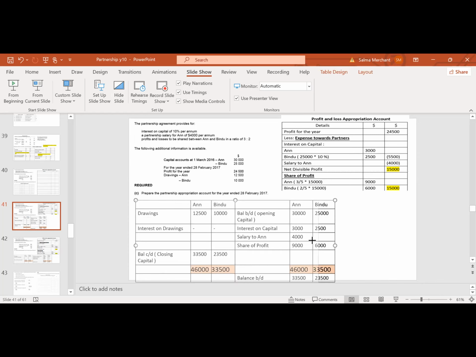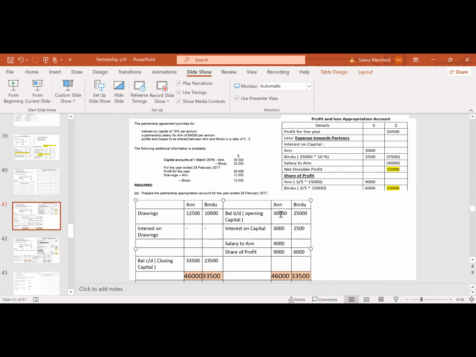If 30,000 or 25,000 is my capital, I don't want it to change. So in that case, they want to follow a method which is called the fixed capital method, because they want the capital balance to remain fixed.